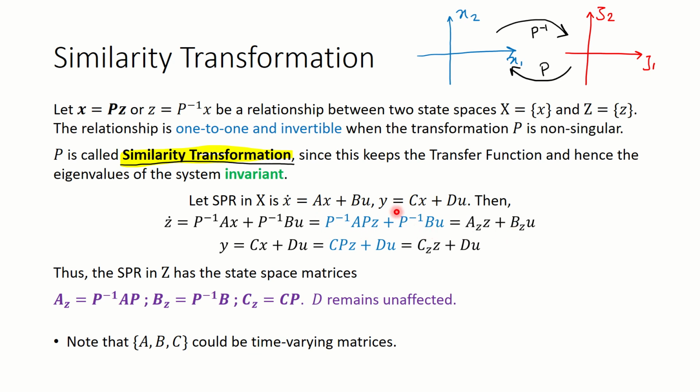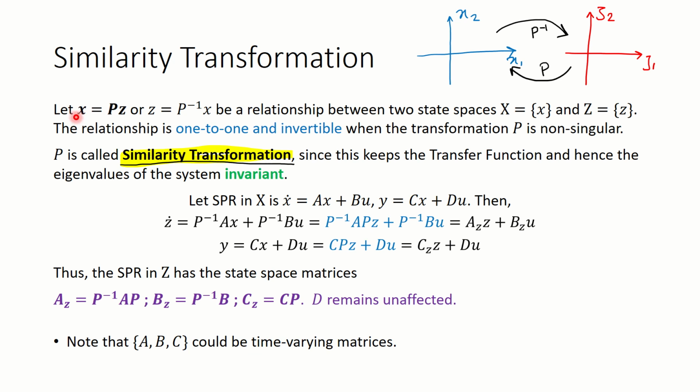This formula is generic. Always, if you have a transformation from one state space X to another state space Z, and you already know the representation in X, the convention is like this.